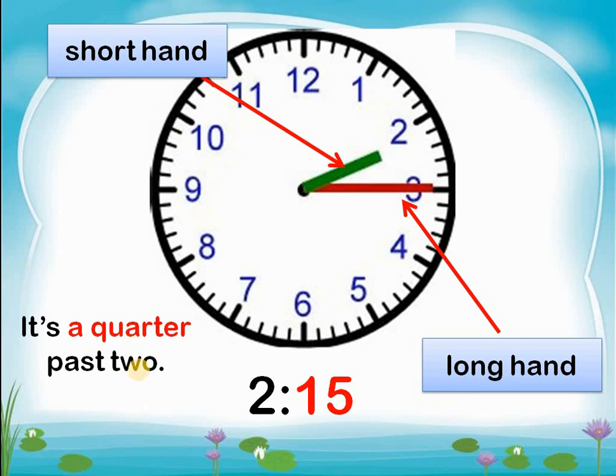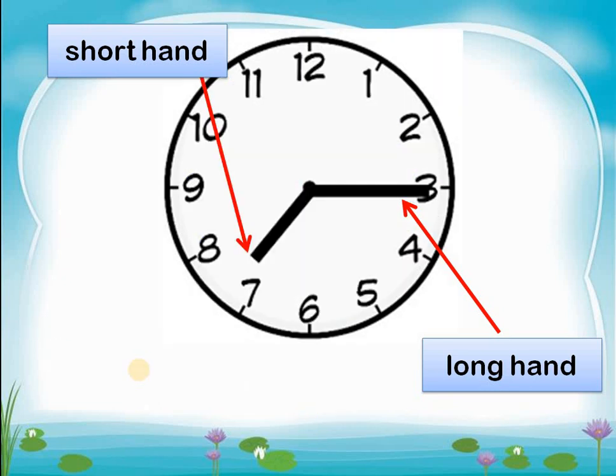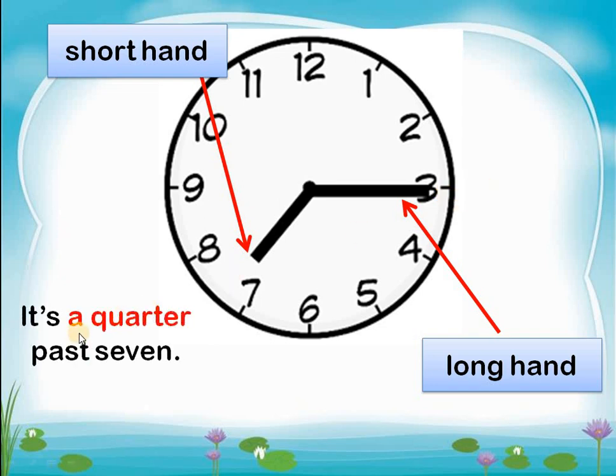Okay, class? Let's look at the next example. Let's look at the short hand first. The short hand is pointing at 7, and the long hand, again, is pointing at 3. So what is the time here? Can you try? Yes, it's a quarter past 7.